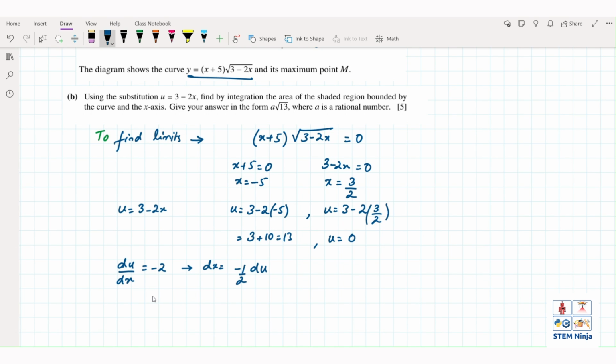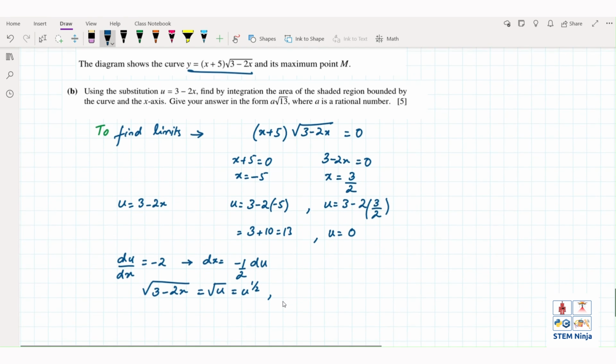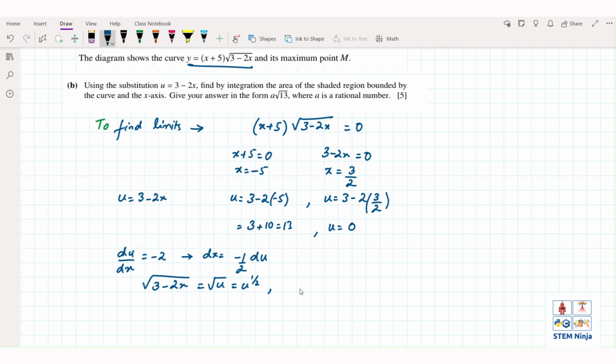So x plus 5, if we have root 3 minus 2x, this will be root of u, or u raised to the power 1 over 2. Now we have to figure out what x plus 5 is.